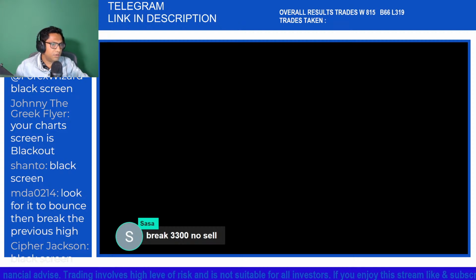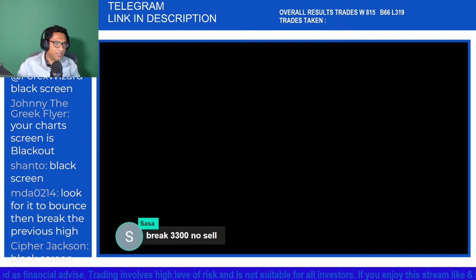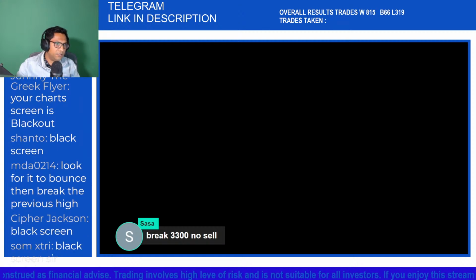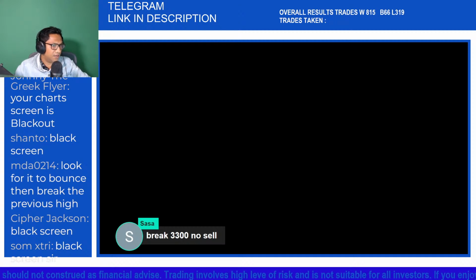So with that being said, if we look at here, you can see there is an inverted head and shoulder, and it's potentially going back up again to that level where there is a high liquidity.